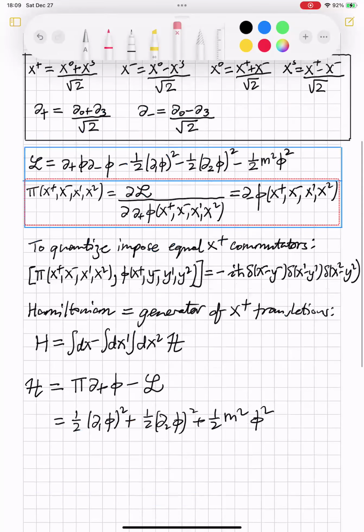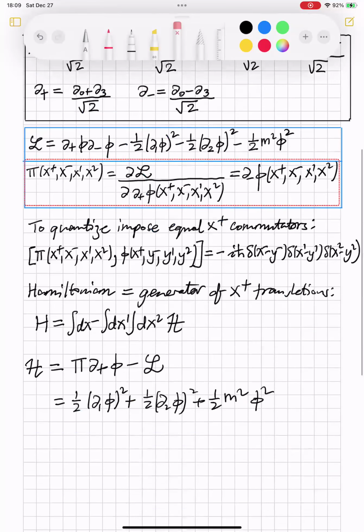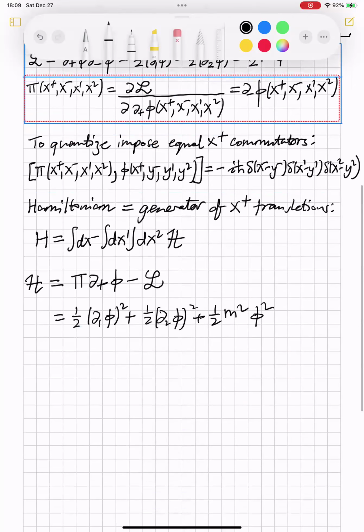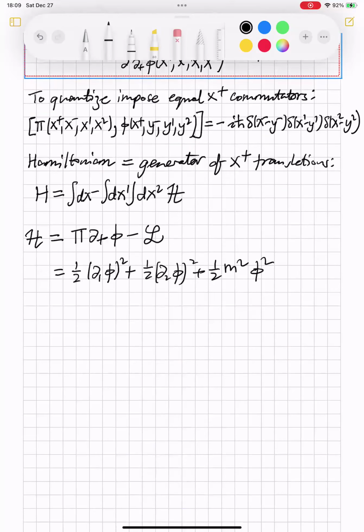Let's develop a few more things in light front quantization. So the first thing that I want to point out is, usually our metric ds squared, we're used to writing dx naught squared plus dx1 squared plus dx2 squared plus dx3 squared.